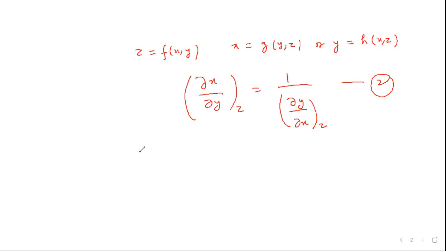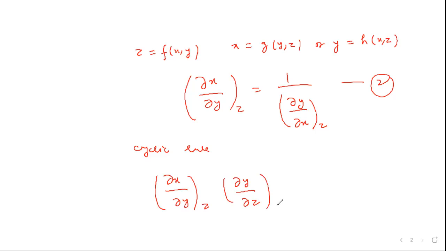And also we said there is a cyclic rule. What is the cyclic rule? The cyclic rule says ∂x by ∂y, z constant, times ∂y by ∂z, x constant, times ∂z by ∂x, y constant.